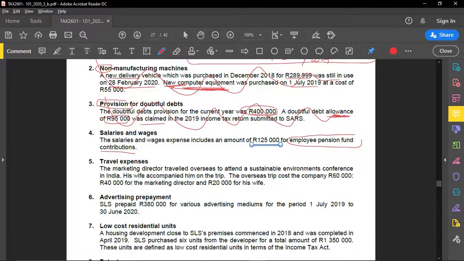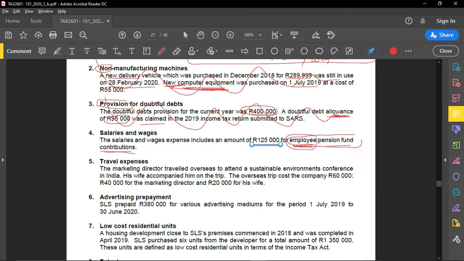But within that figure, you have an amount of 125,000 for the employee pension fund contributions. Obviously, you as the employer are paying that total in terms of salaries and wages, and this total includes an amount of 125,000 for employee pension fund contributions.